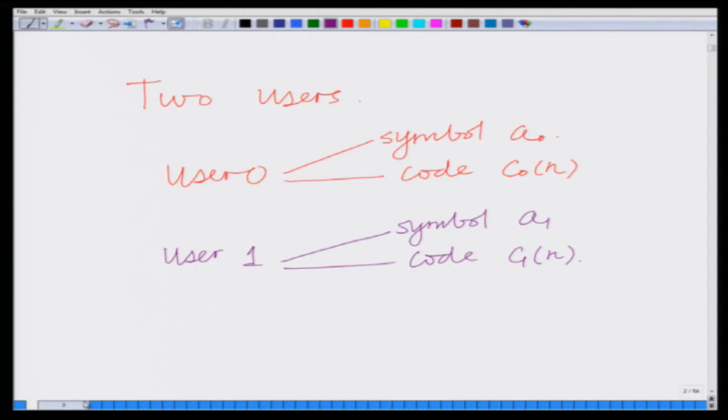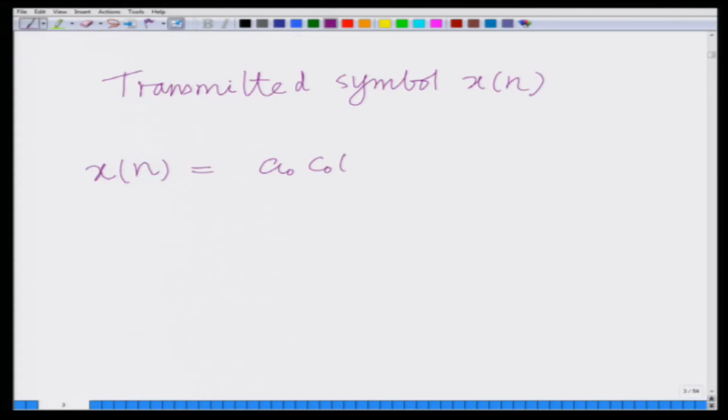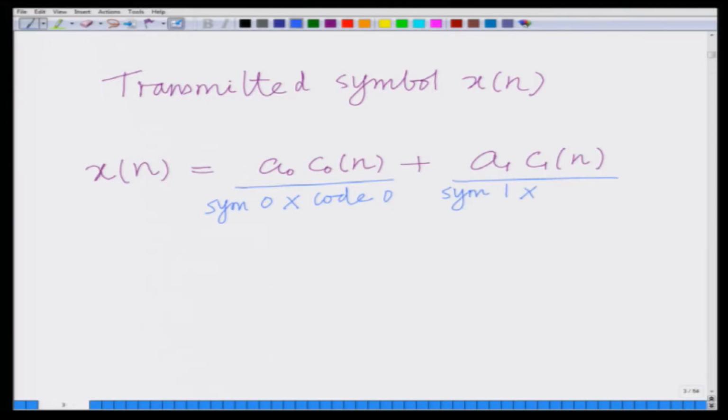Therefore, the transmitted symbol x of n in this scenario is given as x of n equals A0 C0 n plus A1 C1 n, that is, the symbol of user 0 times the code of user 0 plus the symbol of user 1 times the code of user 1.